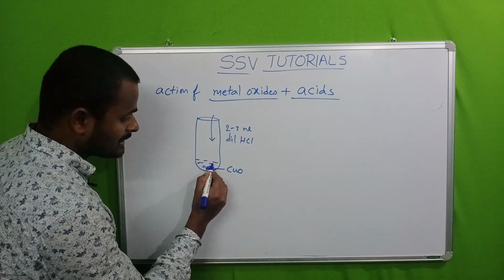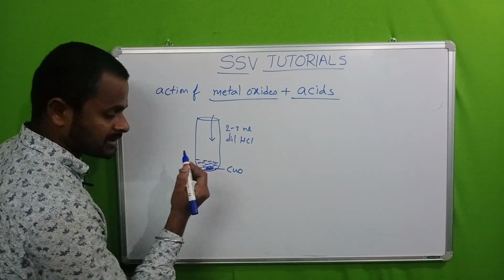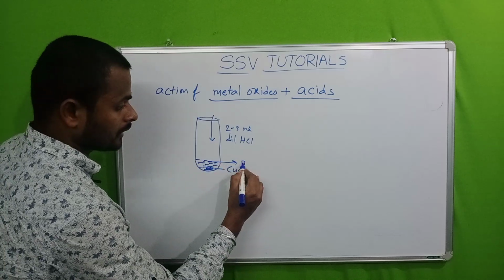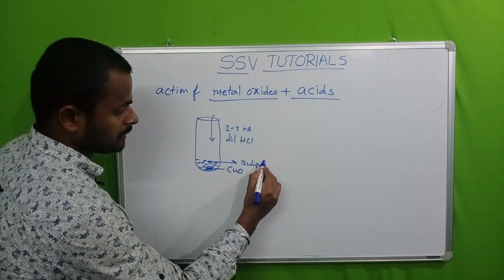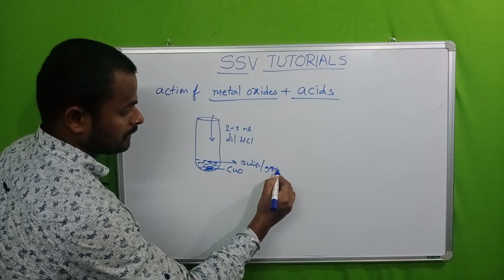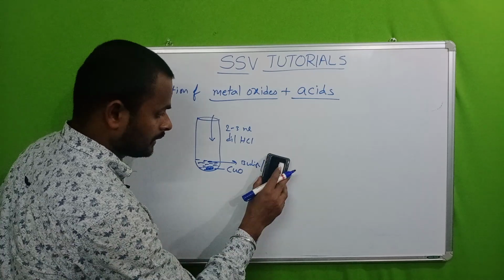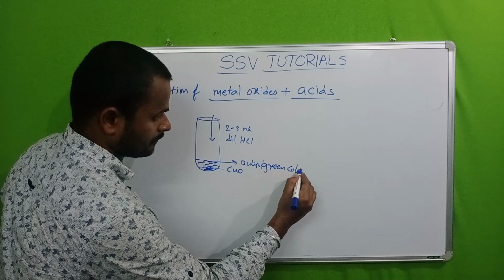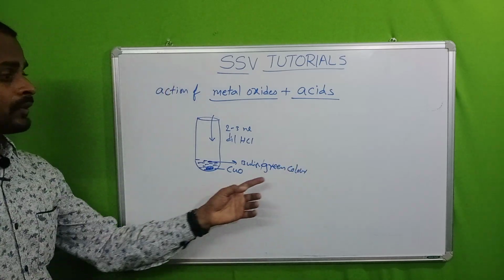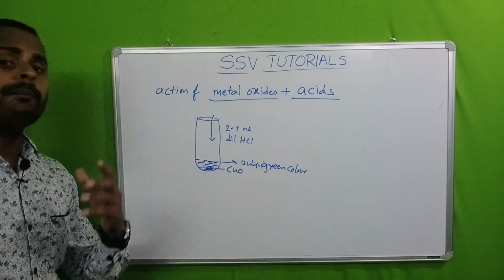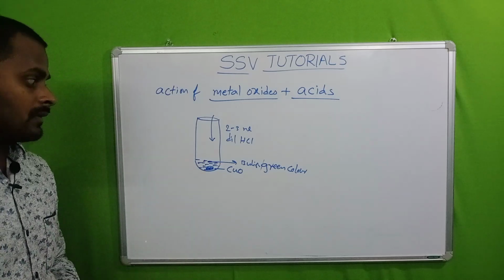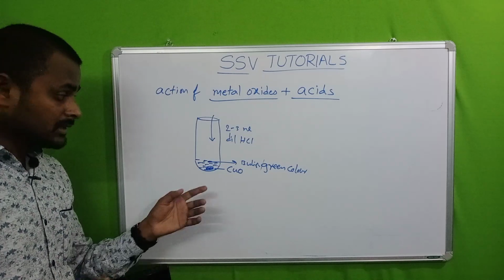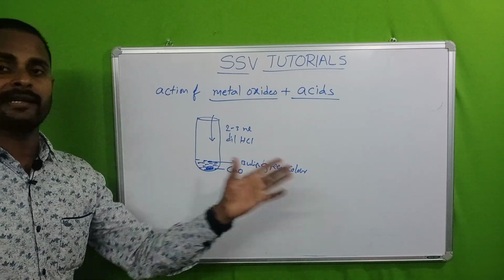When adding this dilute HCl to the cuprous oxide, the solution converts into a bluish green color. Why? Because of the compound that forms, and water. That is why it forms a bluish green color.